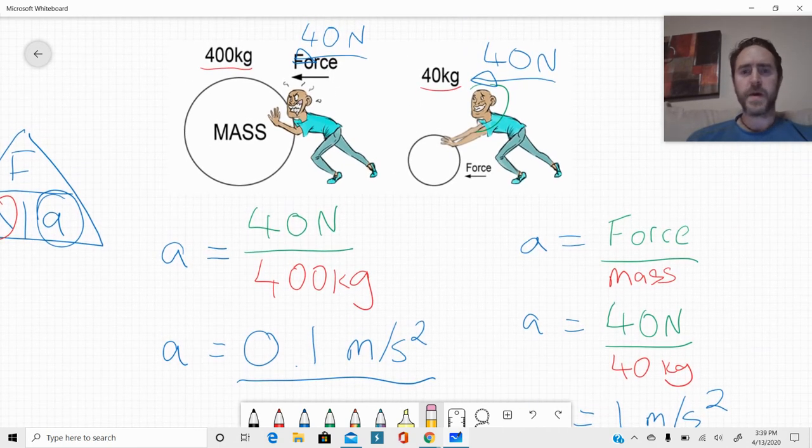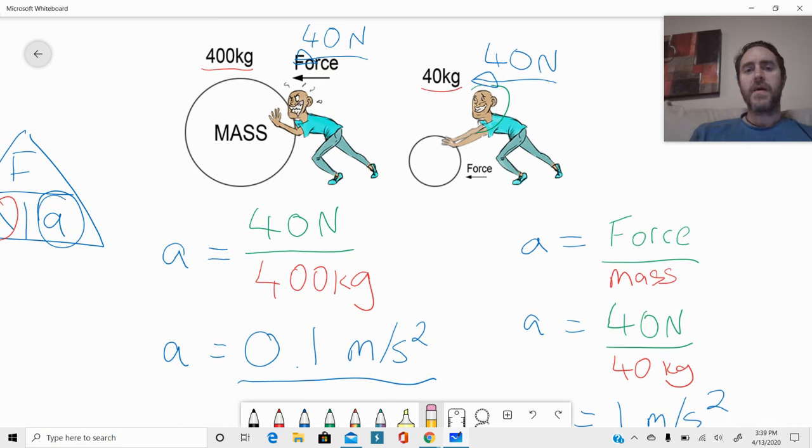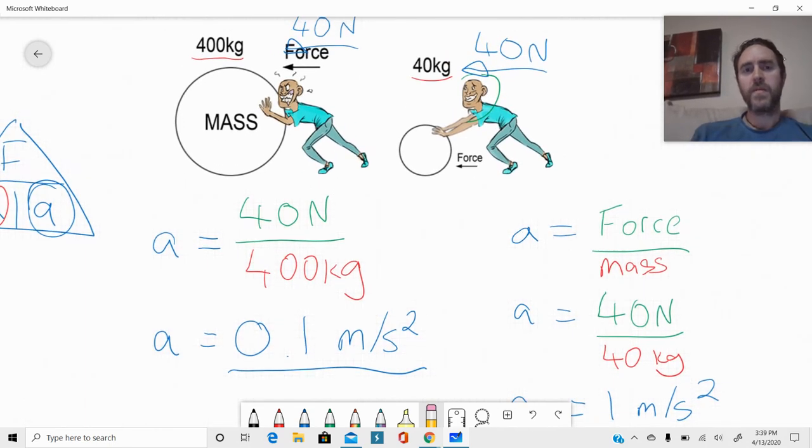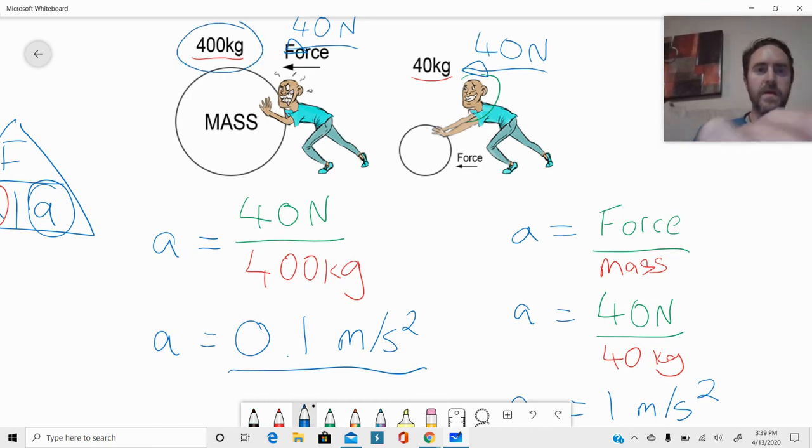So what can we deduce by that? Obviously, bigger masses require more force to get them moving. Or if you apply the same force to a bigger mass than a smaller mass, it's not going to move as fast. How much? Well, we can see that this mass right here is 10 times this one.